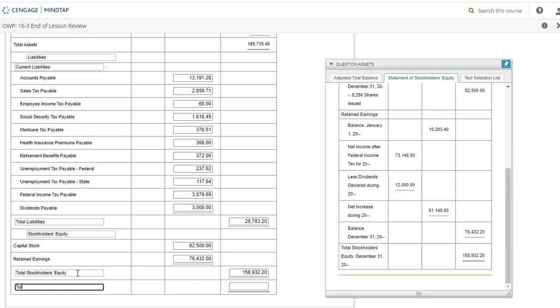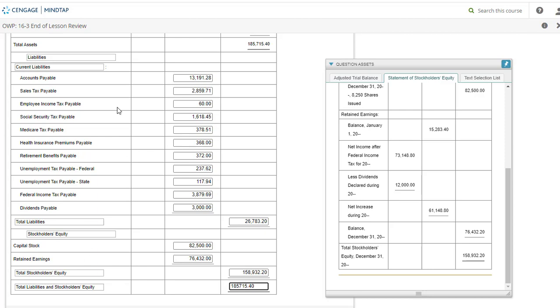And when we add up our total liabilities and stockholders' equity, we find that to be $185,715 and 40 cents.